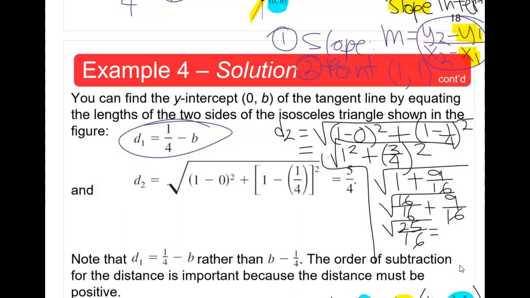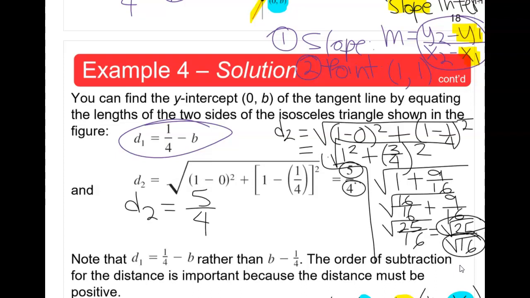And the square root of a fraction is also the fraction of two square roots. So we could take the square root of 25, and that is 5. The square root of 16 is 4. So that's how we arrive at the fact that d sub 2 is equal to 5/4.